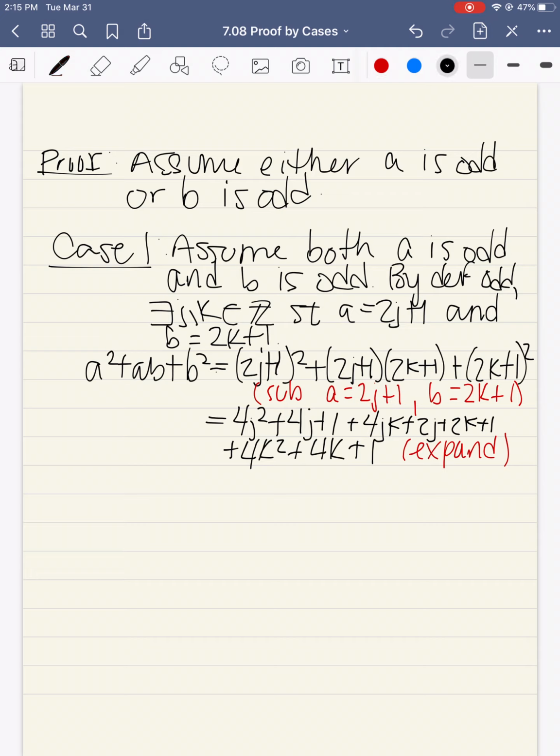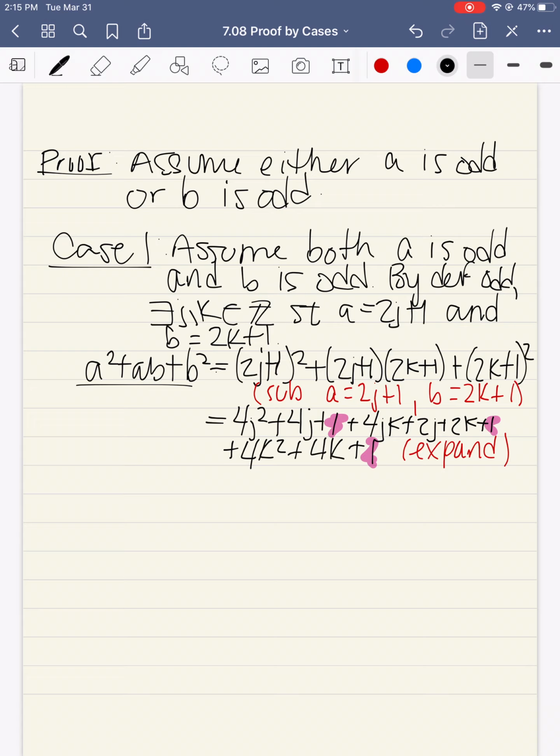However, there's one thing that I want to note here. I have 3 ones. I have one here, and one here. So if I combine those, I'm going to get plus 3. Now, my proof is that this expression is odd. So I want to end up with a 2m plus 1. There are two things that I could do.